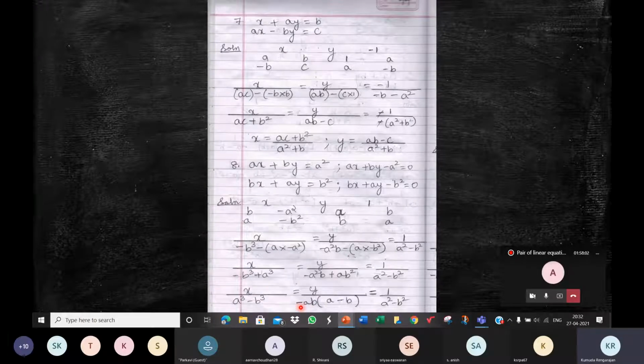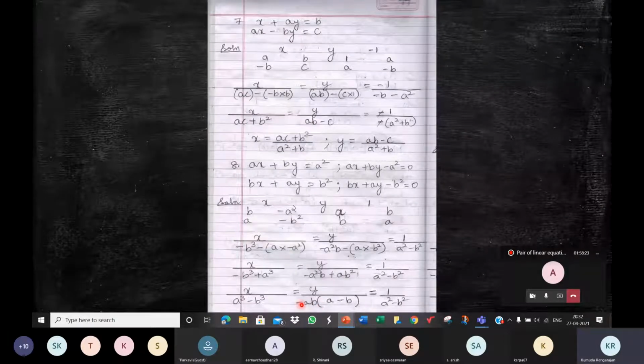That's fine. If you feel you can take the minus out, take it out. If you're comfortable with this, bring it out. Else you don't have to. Minus is not going to make a big difference. But the HCF of these two terms is ab.